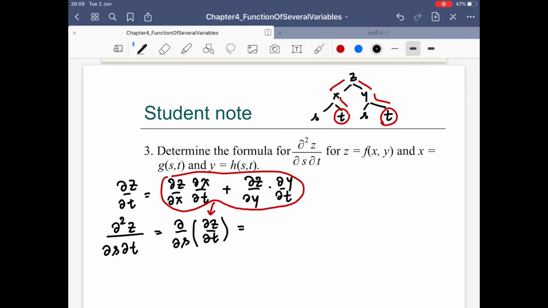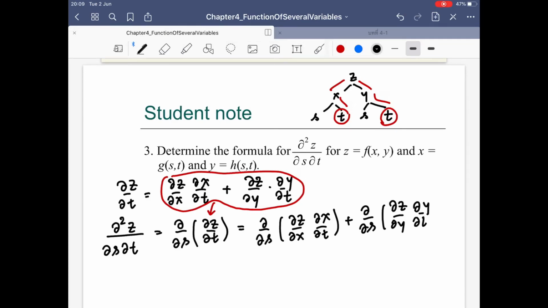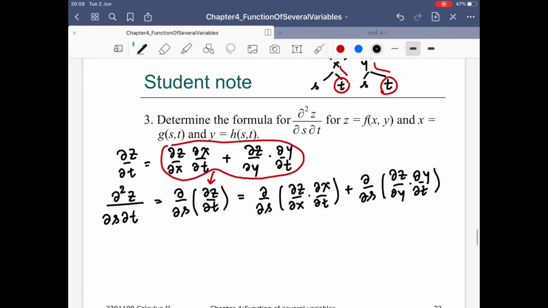So you just plug it in. What you are going to have is d by ds of dz by dx and dx by dt, and d by ds of dz by dy and dy by dt. So you just separate the addition with a derivative like that.